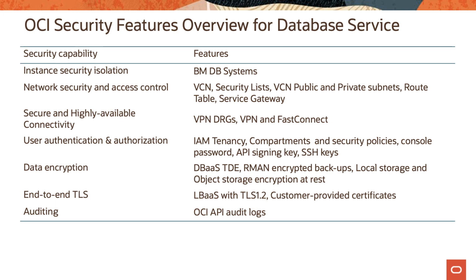Customers can configure identity and access management policies to determine which user gets access to a particular compartment. Customers can also control access to the console using identity and access management user IDs and group permissions.